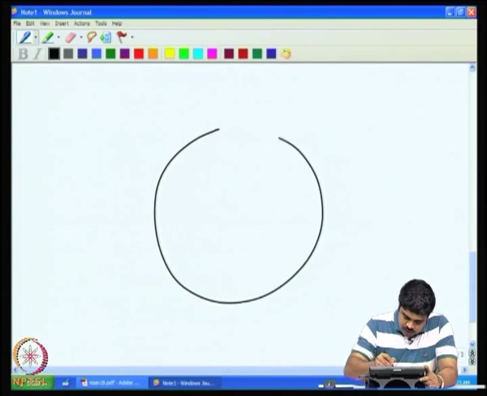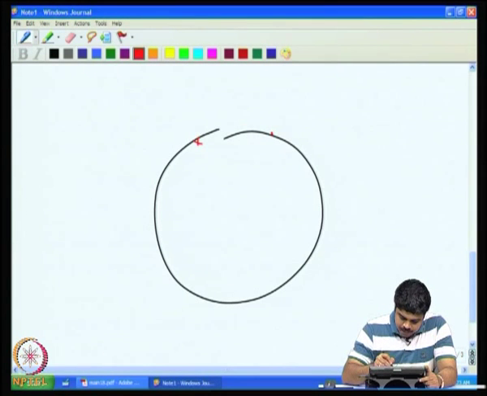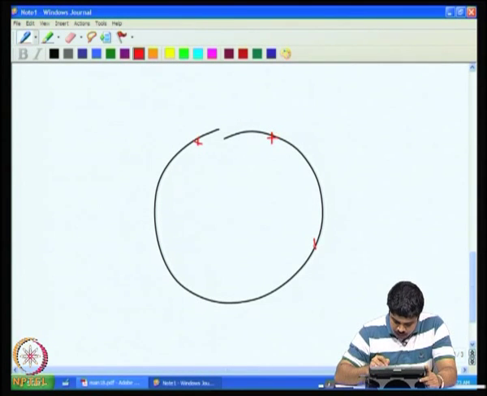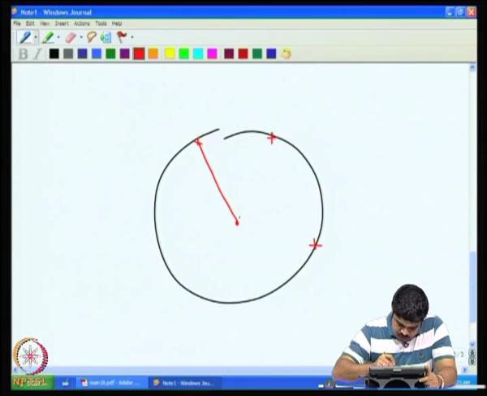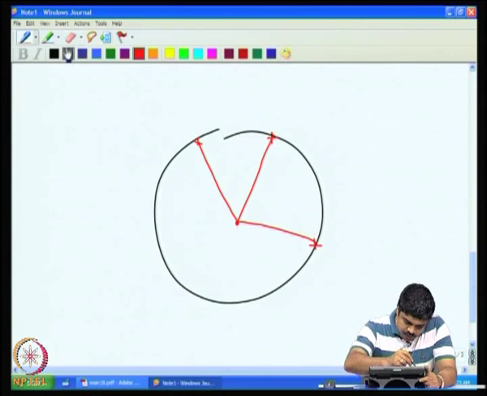So, this is x with its 3 neighbors. Now, between them we see the triangle, 1, 2, 3.